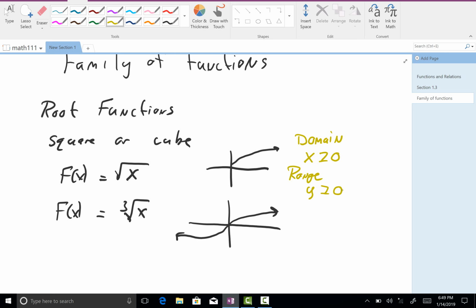On the other hand, this one, what's the domain of a cubic root? All real. And the range? All real. Okay, cool. So they talk about that.